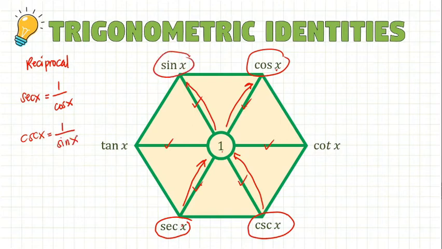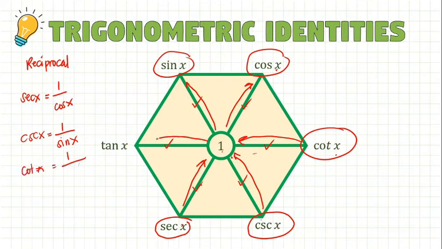Here our direction is straight, so it is straightforward. You cannot have cosecant equal to 1 over cotangent. You cannot have that one. Our direction is a straight direction only. And we also have cotangent equal to 1 over tangent x. So that is the way to look at the reciprocal identities using this hexagon.